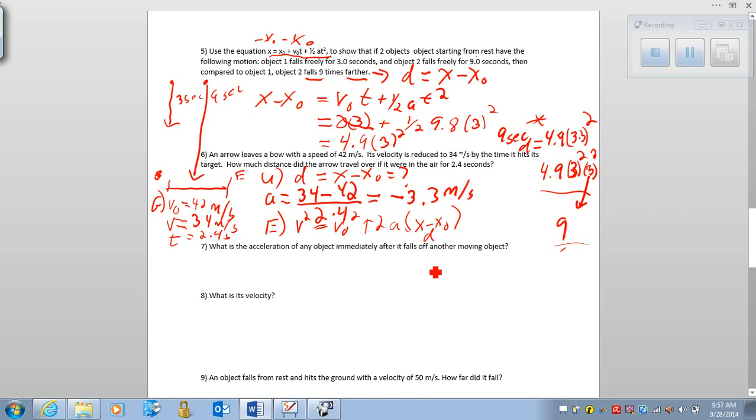So, substituting in, we would get 34 squared is equal to the initial velocity squared, which is 42 squared, plus 2 times the acceleration, which is negative 3.3, times our distance d.